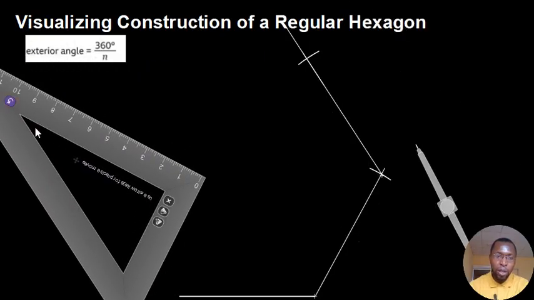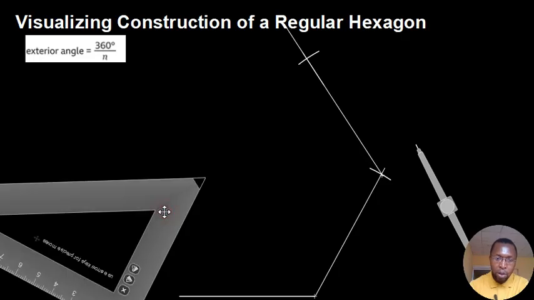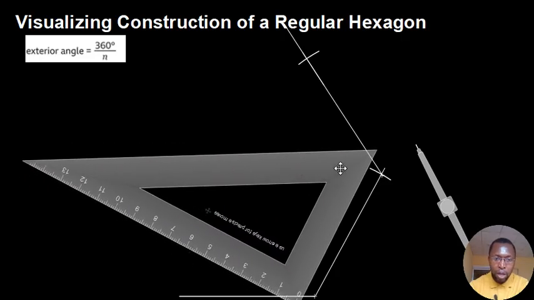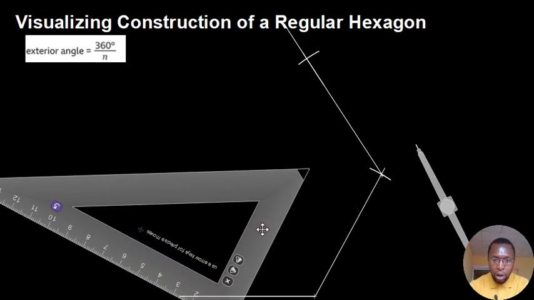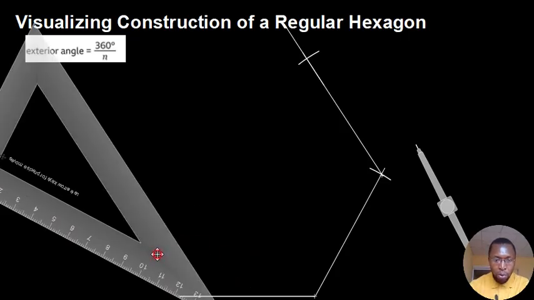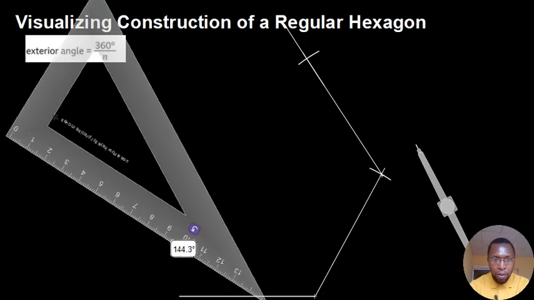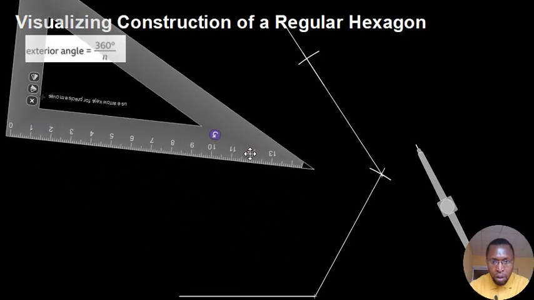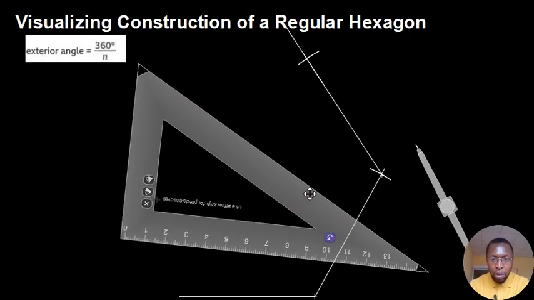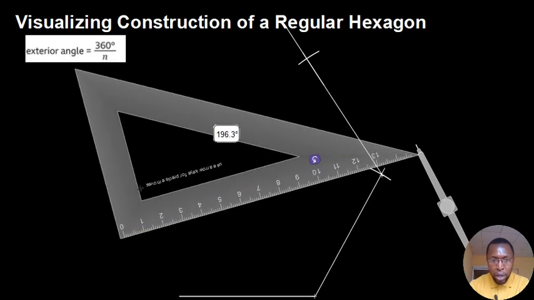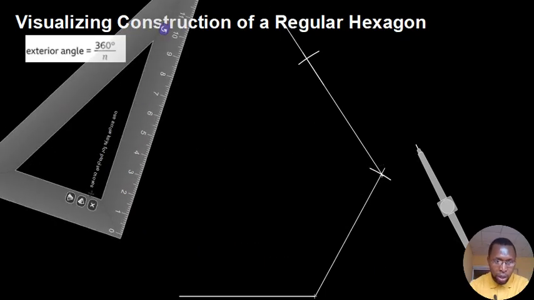I just rotate it in a way that the 60-degree portion will be facing the other side. Remember that the 60-degree portion has to face. Okay, good. So I rotate this upward again, the 60-degree portion. This portion here is 60 degree.